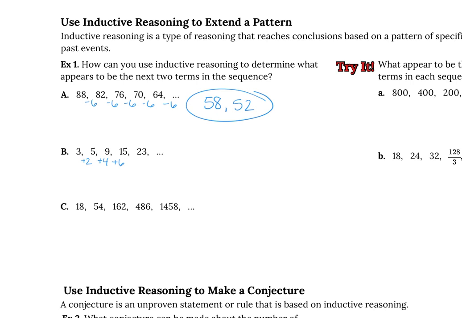So I'm going up by 2 every time I add. I would add 8. So next to my 23, I would need to add 10, which would get me 33. To that 33, I would then add 12, which would get me 45.